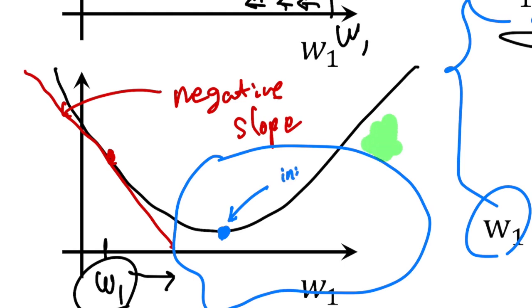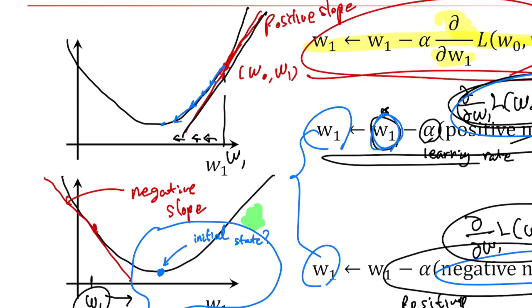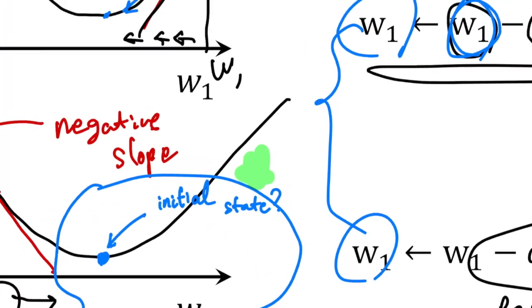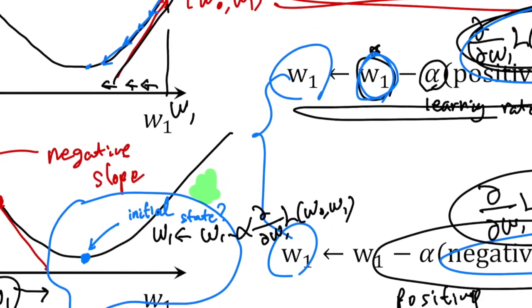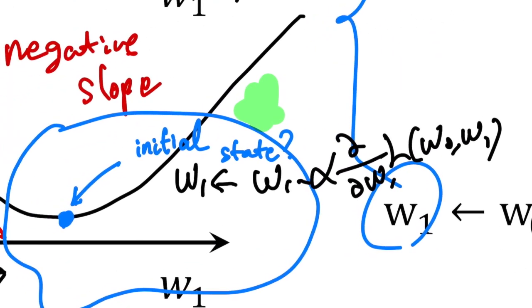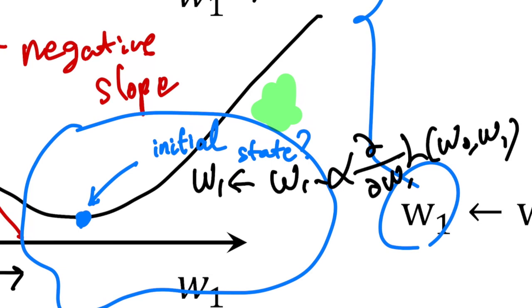Okay. If we think that this is the initial state, then we can rewrite the general rule like this, right? In this case, what is the tangent line at this point? It should be like this.